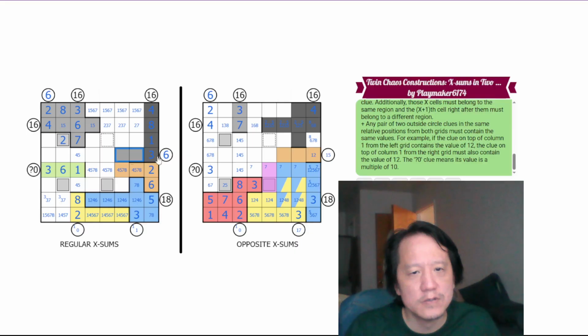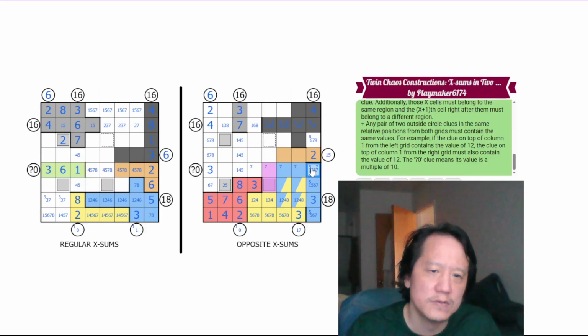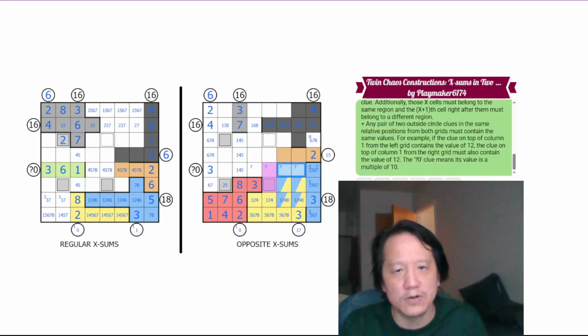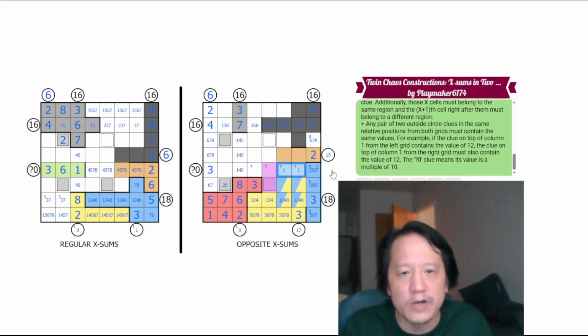So then this would have to be a 2 here. That means no more 2 in the column. So this is 1, 5, 6, 7. This adds up to 10. We need a 1 here somewhere. So 1 has to be specifically here.